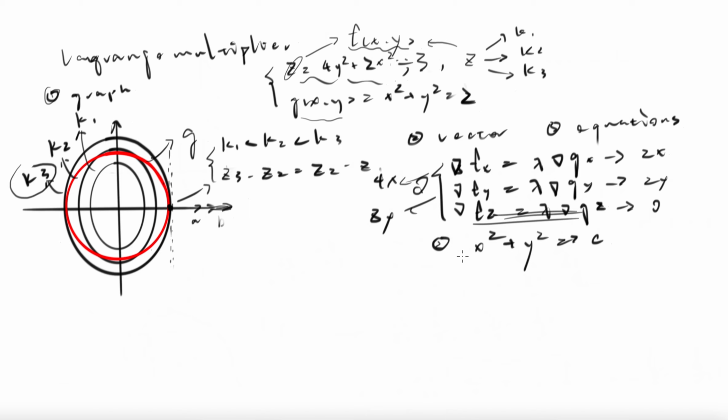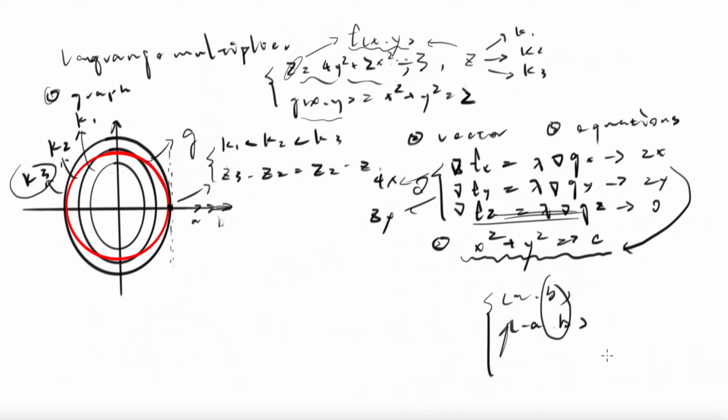At this point, plugging all possible values into these equations, we get a set of points. A, B, maybe negative A, B. Yeah, that's two points right there. Here is their maximum value.